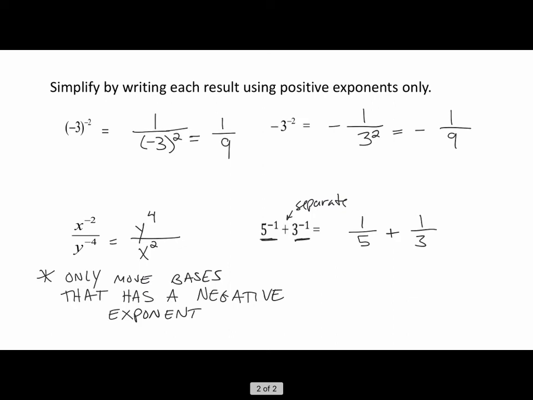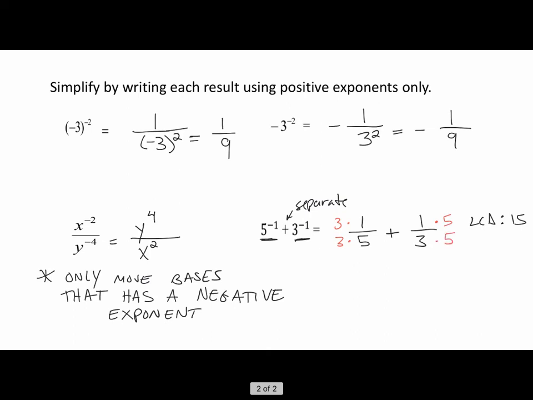So I want to add fractions, so I'm going to need a common denominator between 3 and 5. They don't share any factors, so the product will be the least common denominator. And that means I need to have a 15 in each of these denominators. So I'm going to be multiplying by the factor that I need to get a 15 in the denominator.